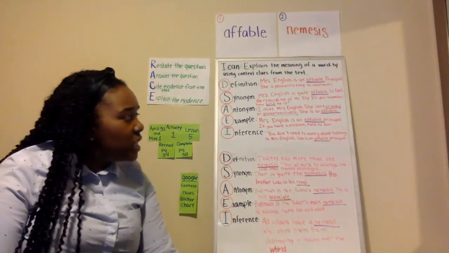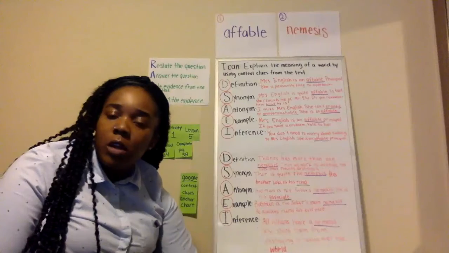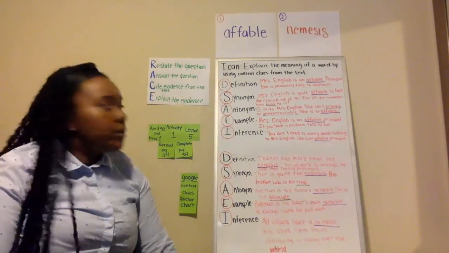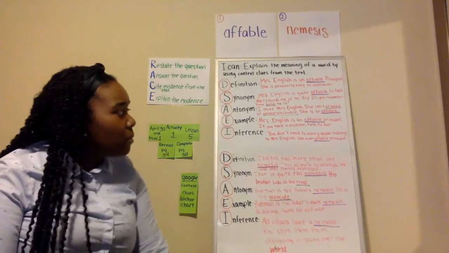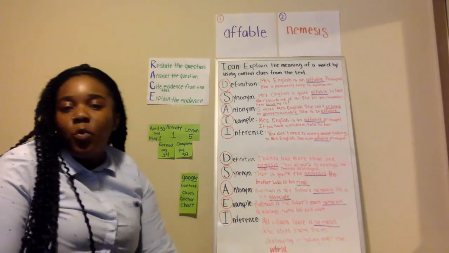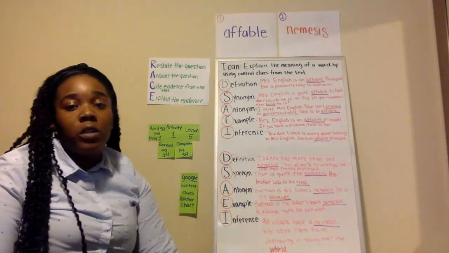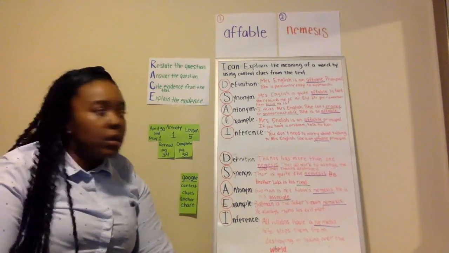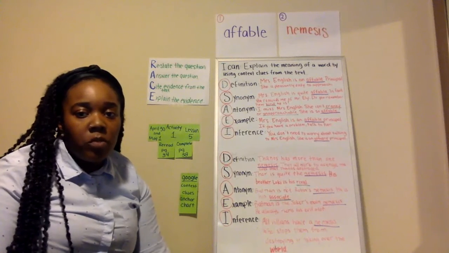My example is, Mrs. English is an affable principal. If you have a problem, talk to her. Well, we know that people who we are okay with talking to tend to be people who are understanding, people who are nice, people who are pleasant, people who are easy to approach, people who are kind.